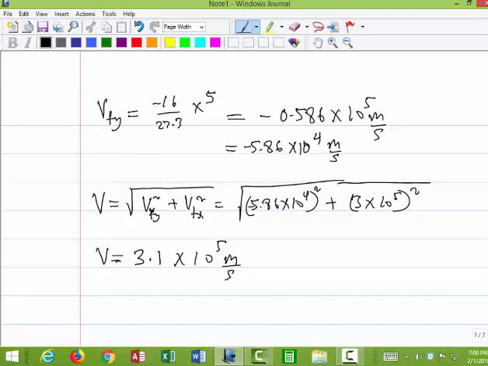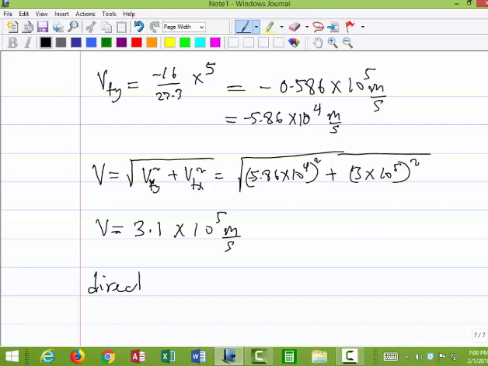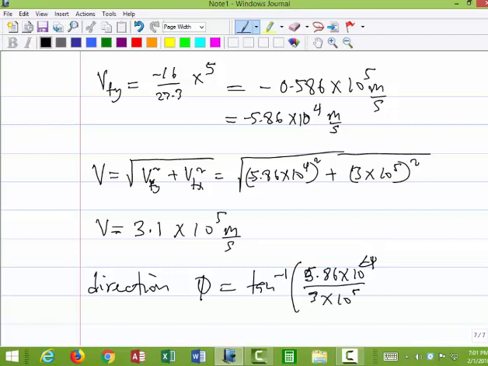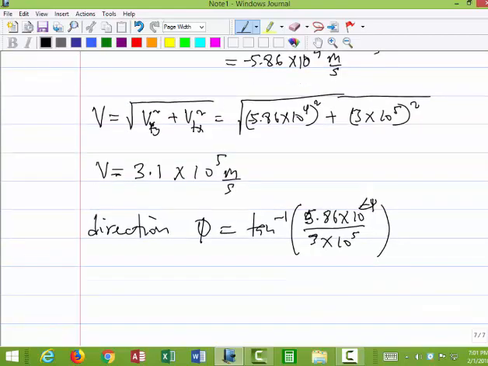So what is the direction of the speed? V final y is 5.86 times 10 to the power 4 divided by 3 times 10 to the power 5. To make it simple, let's do it this way.